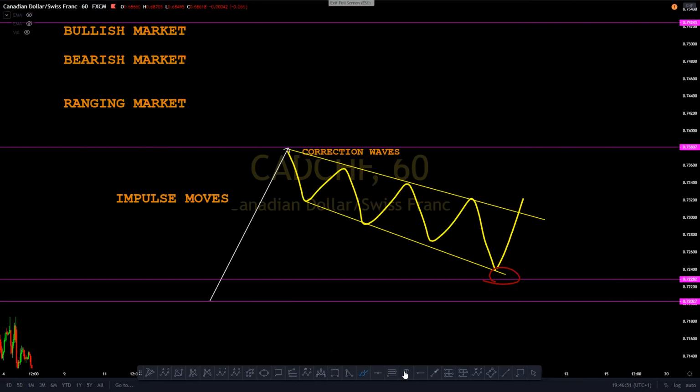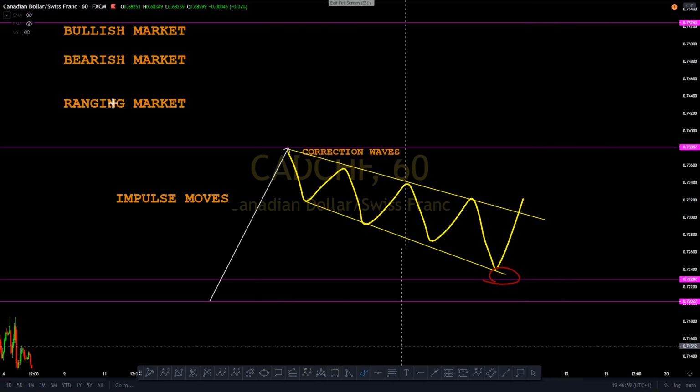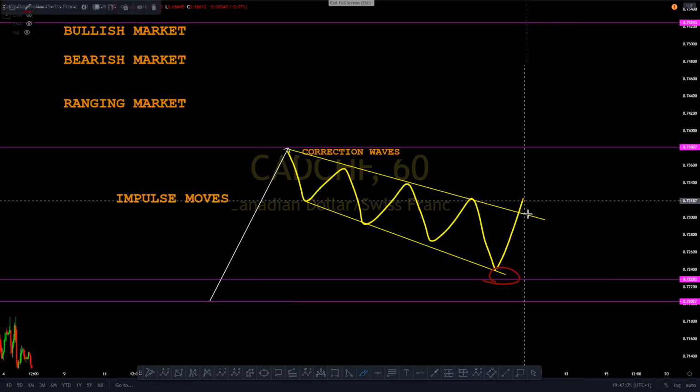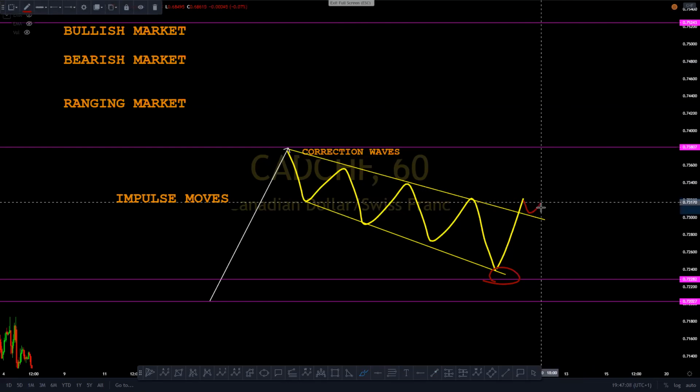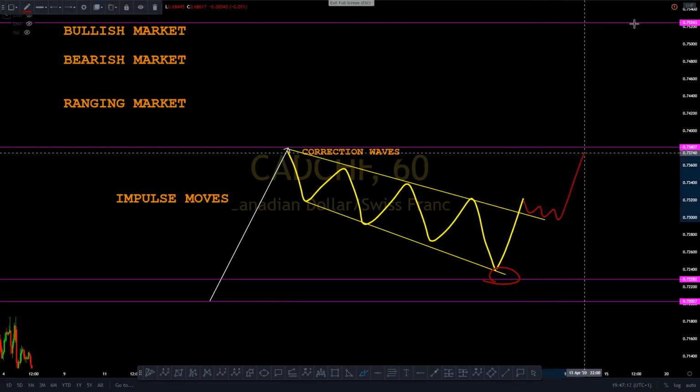Once the market breaks above like this, sometimes you get corrections like this, like this, like this, like this, then up.